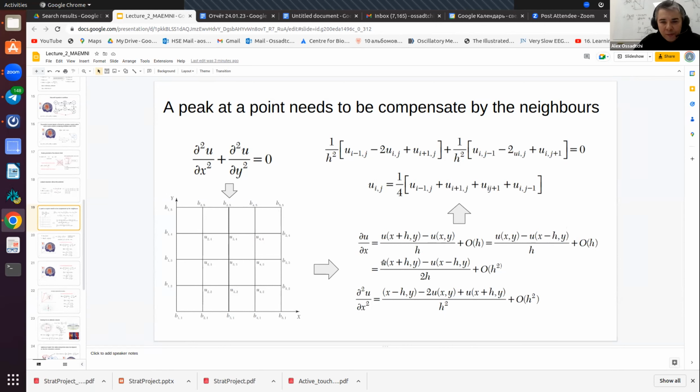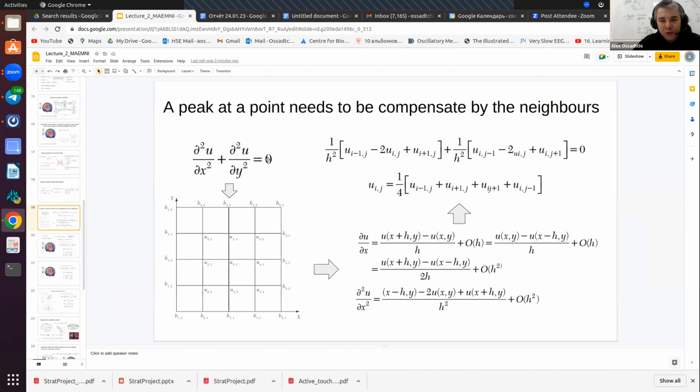Then you can do the same thing again, because the second derivative is the first derivative of the first derivative. So you can take the derivative of this and arrive at the approximation of the second derivative. The good thing is that once you have done this and inserted it here, you will arrive at something easy to explain, this equation.